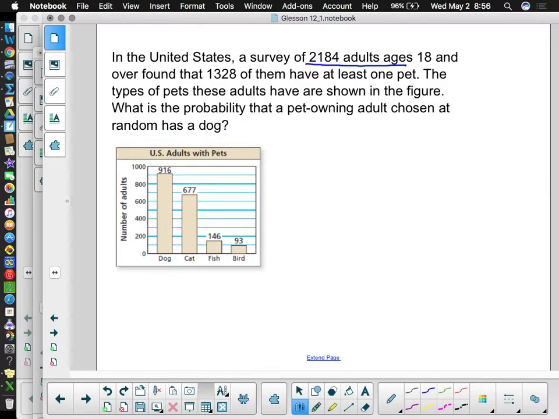Actually, the numbers I'm noticing here are not correct because the 916 plus 677. This is a book example. It's 146 plus 93. That's 1832. So this number should be 1832.